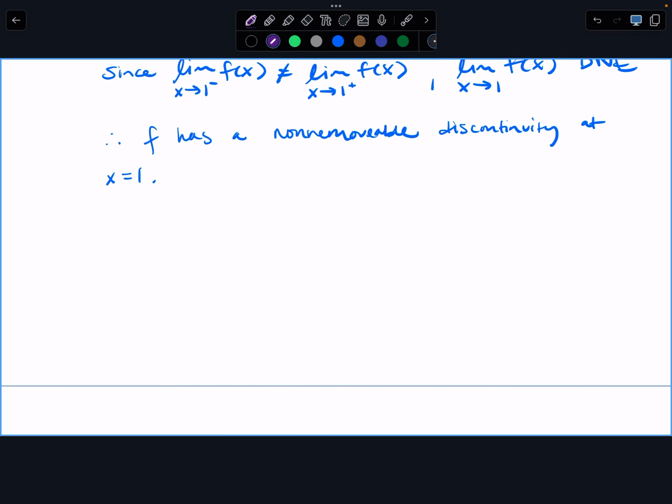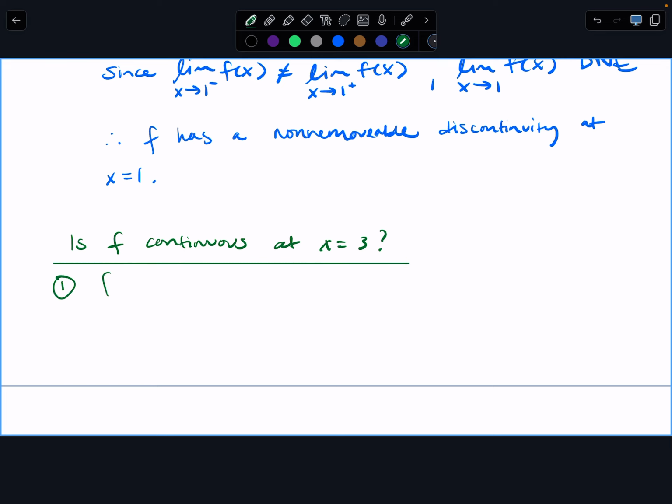Okay, so next, focusing on x equals 3: is f continuous at x equals 3? Well, no, we know it's not. But practicing using the definition of continuity at a point, f of 3 is equal to 4.